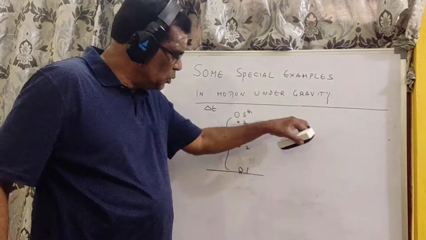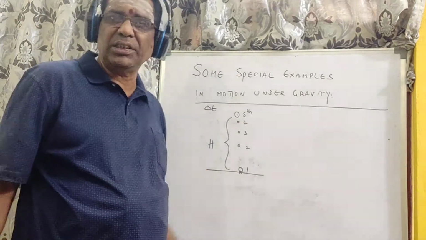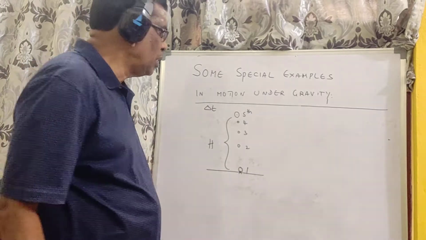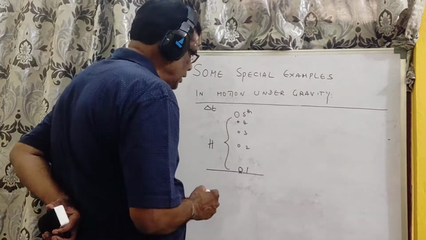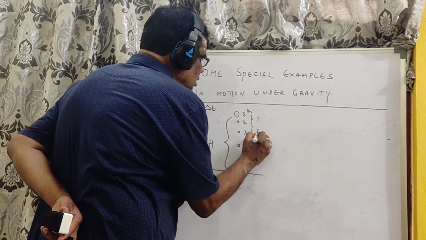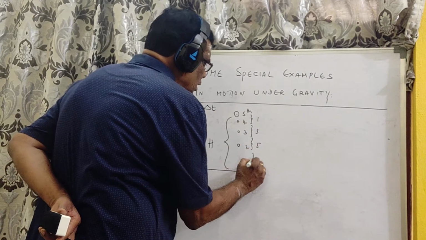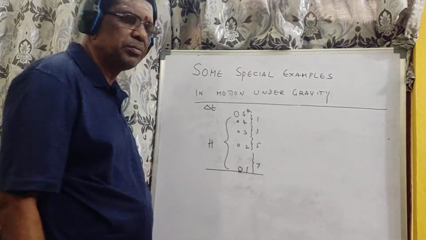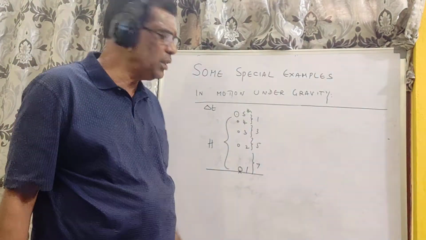But what I am trying to do here is show how to make use of the ratios that I have just given you. Now, the ratios: this part will be 1 part, 3 parts, 5 parts, 7 parts. You got this point?